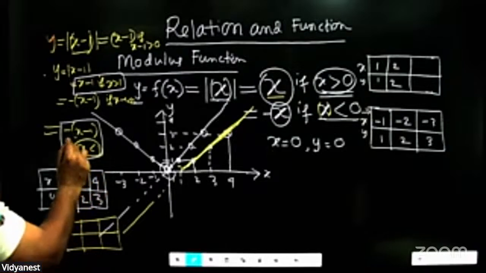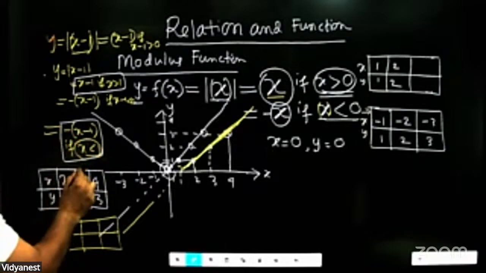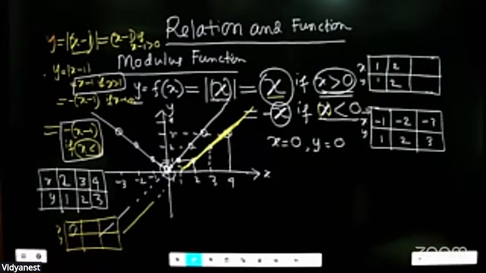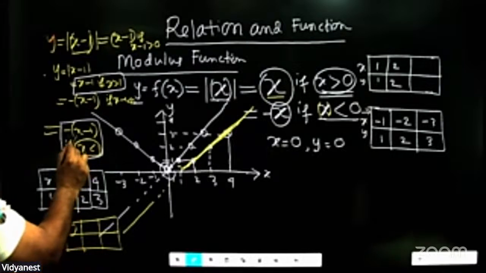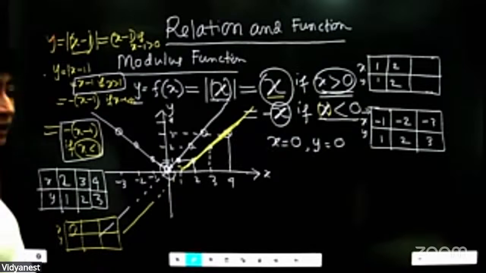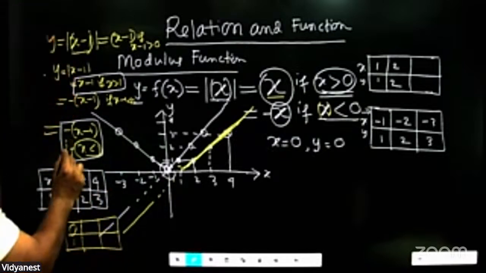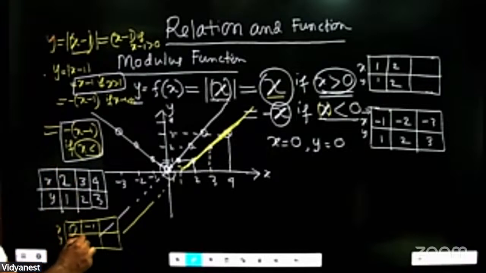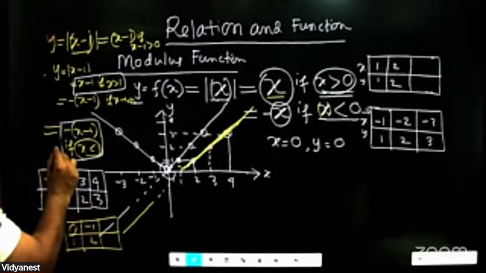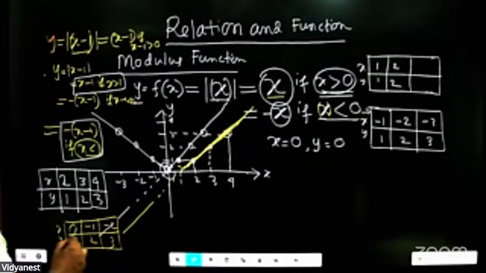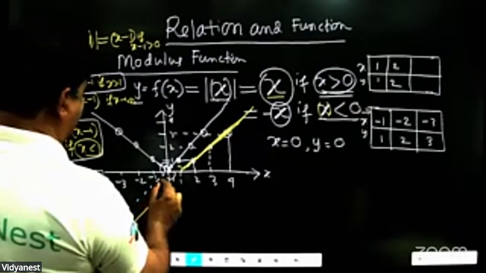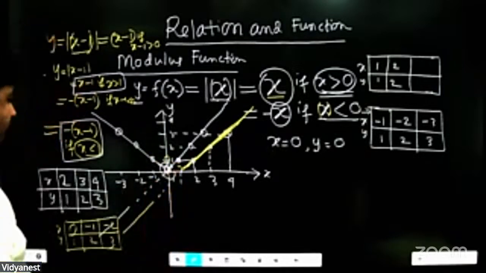Let us take one value which is less than 1, 0. Put 0 minus 1, minus 1, minus of minus 1, 1. Put minus 1, 2. Minus 2, 3. So once you put 0, it will be 1.